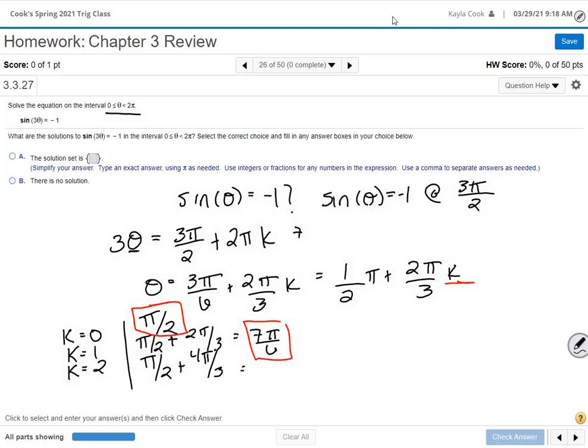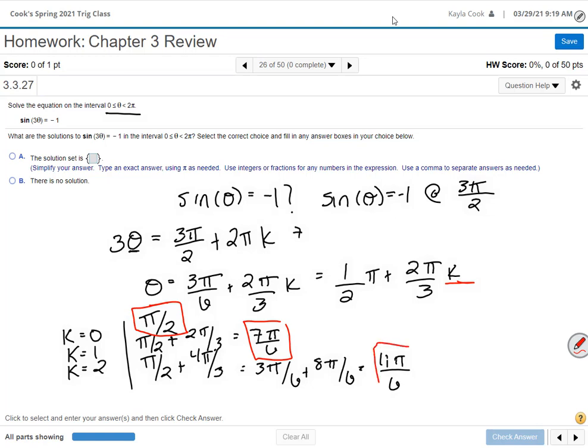Okay, and then from there I get 3 pi over 6. I'll work this out a little bit more in detail. Plus 8 pi over 6, which is 11 pi over 6, which is still not quite 2 pi.